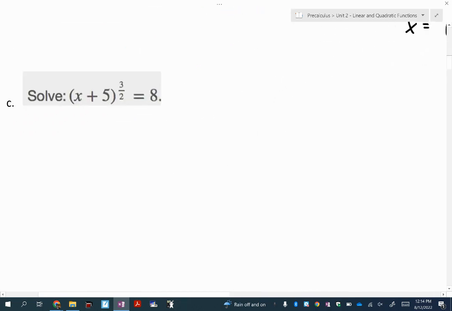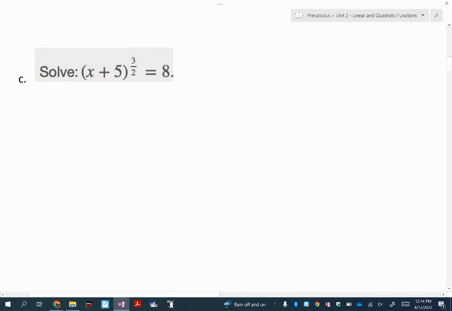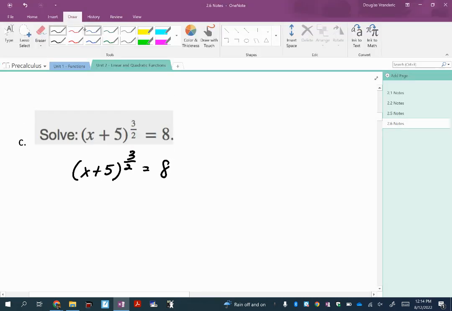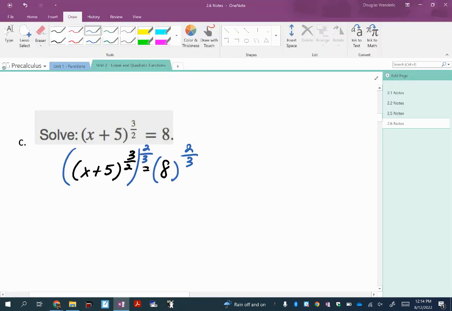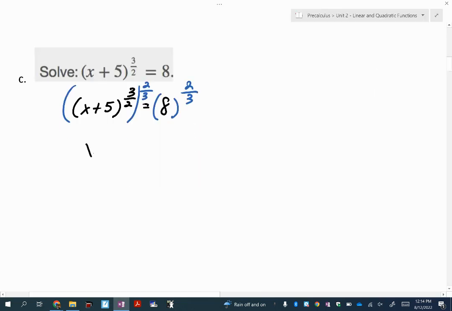Let's do part C. Very similar process. I'm going to copy it down to give myself some room to get rid of that fractional exponent, or what we call a rational exponent. So I'm going to raise everything to the 2/3 power. That means this just becomes x plus 5 is equal to 8 to the 2/3 power.